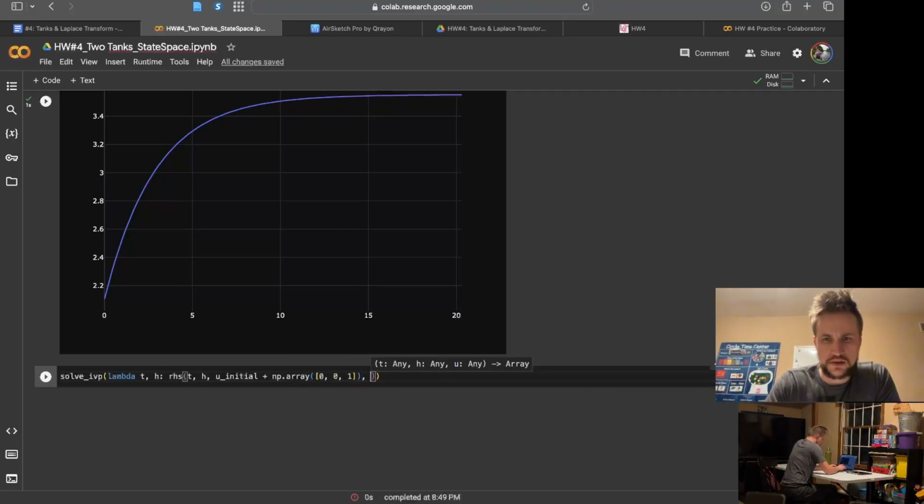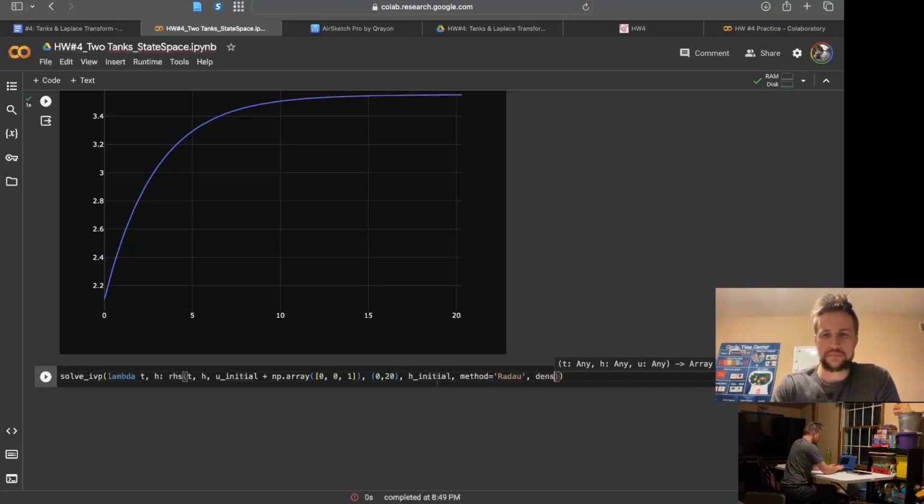Now our time span, let's go ahead and say 0 to 20. Our H initial, which we're looking at in our tank 2. And then the method we're going to use for solving. And then we need each solution, each point that gets calculated, to be able to be evaluated at each point.